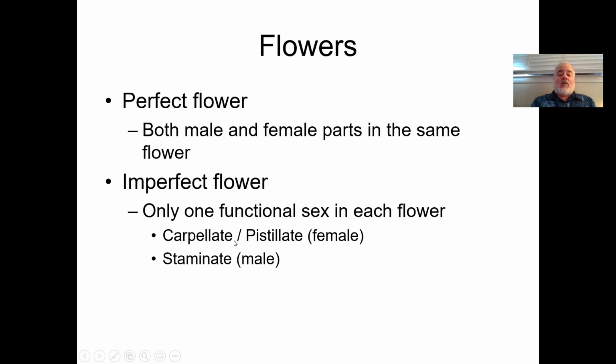The imperfect flowers have only one functional sex in each flower. So there might be something that looks like the male part of the flower, but on closer inspection, you'll realize that it's dysfunctional. It doesn't have any viable living pollen in it. It's just some residual parts that are developed there that don't do anything.